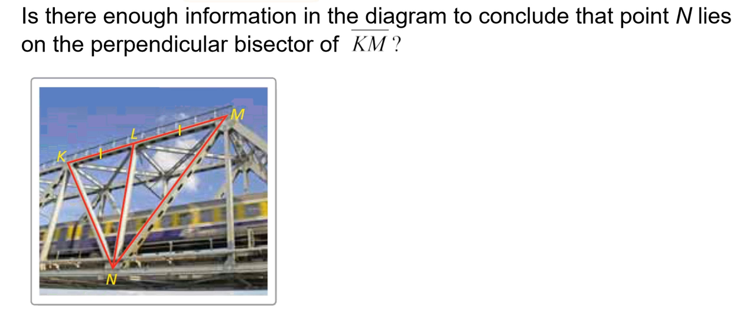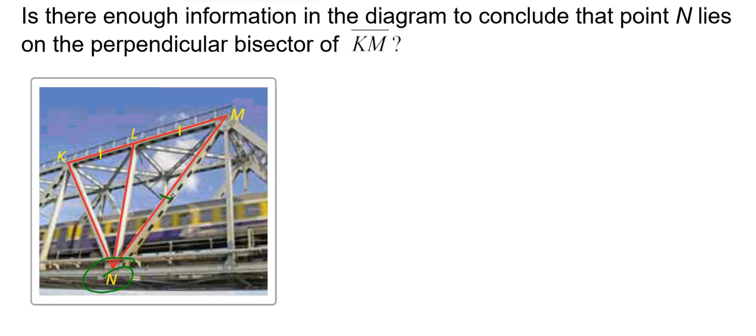Is there enough information in this diagram to conclude that this point N lies on the perpendicular bisector? Because we don't know that KN is equal to NM.